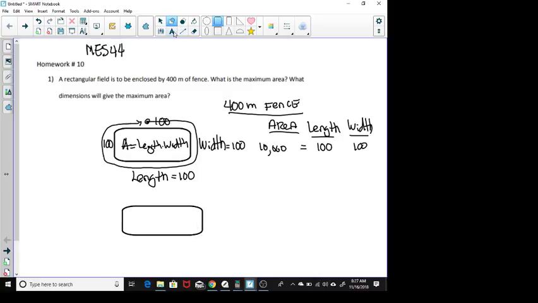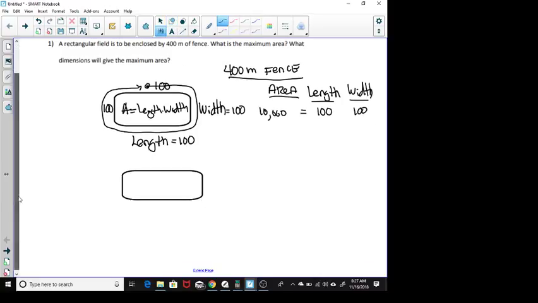For example, who could give me one that will give you 400? You can write any number that you want. Give me a number here. 125. If this is 125, this is 125. How much is 125 plus 125? 250.